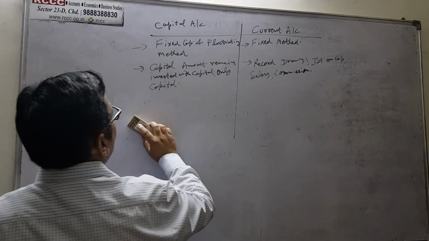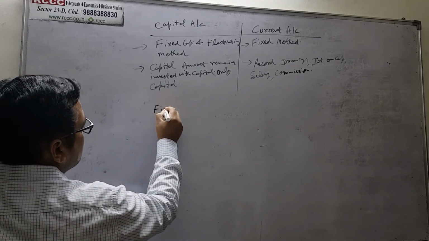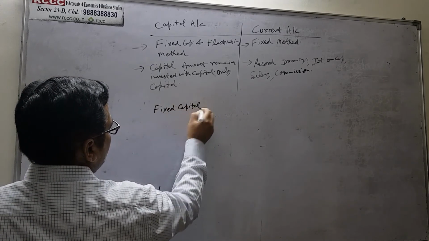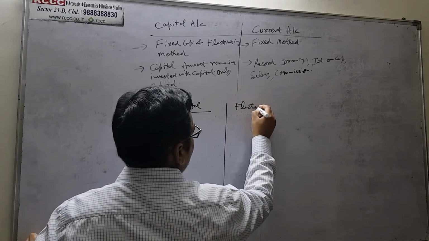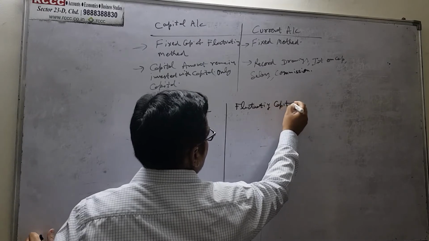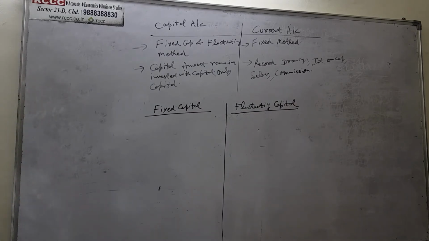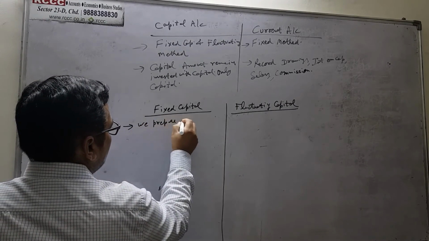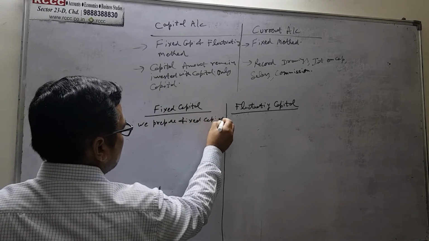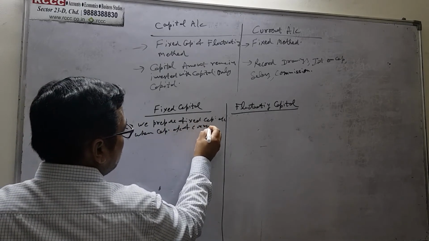Now the next important difference that we need to look at is between the fixed capital and the fluctuating capital. Both are the methods for preparing the capital account. I want to start with one very important difference. We prepare fixed capital account when capital account and current account both are mentioned.